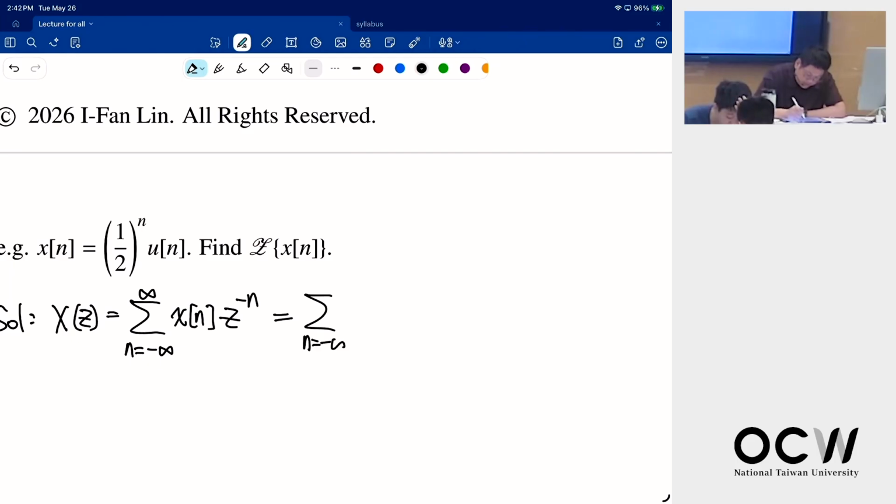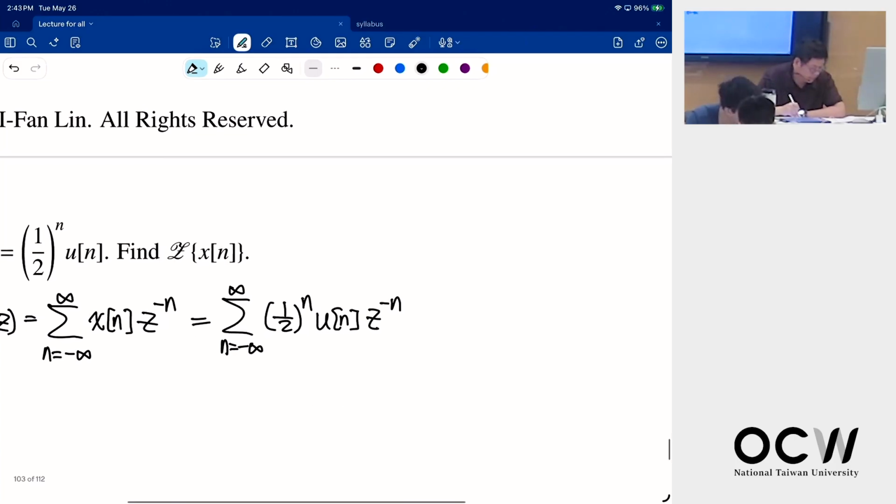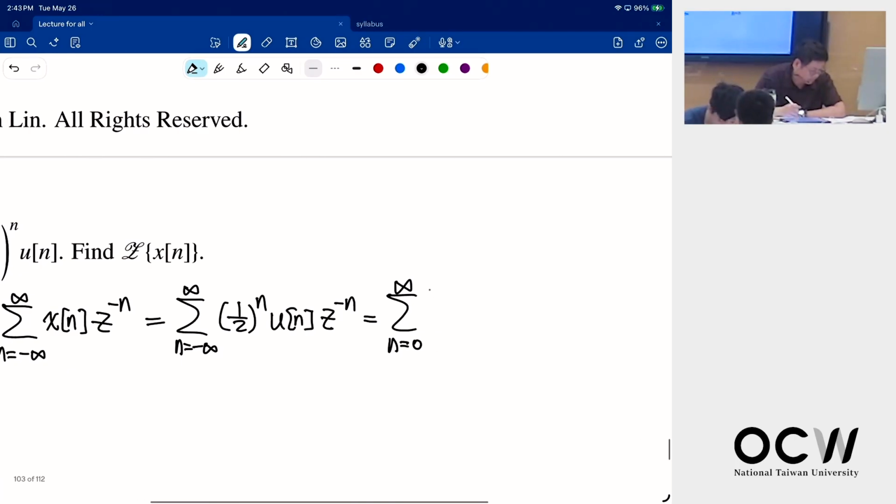n from minus infinity to infinity. Here we have 1 over 2 to the n u[n] z to the minus n. So we only have values when n is greater than or equal to 0.